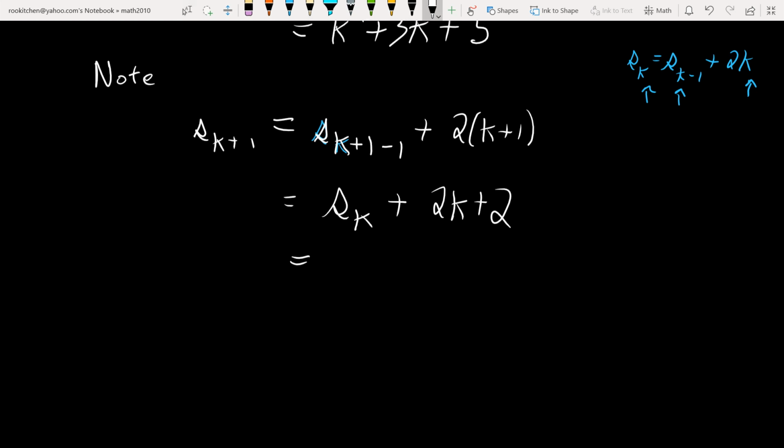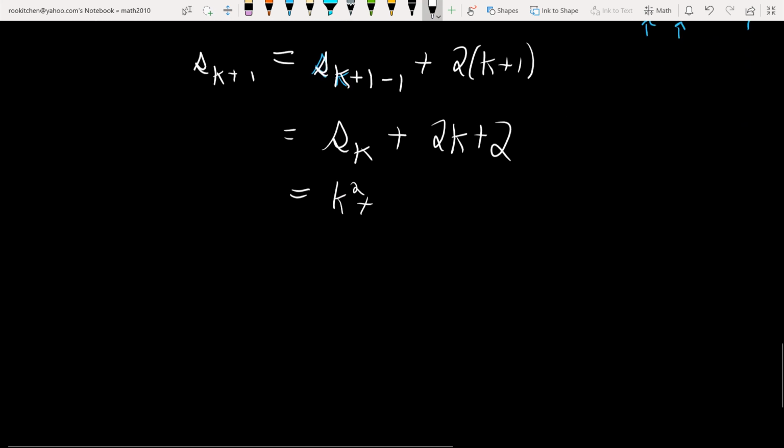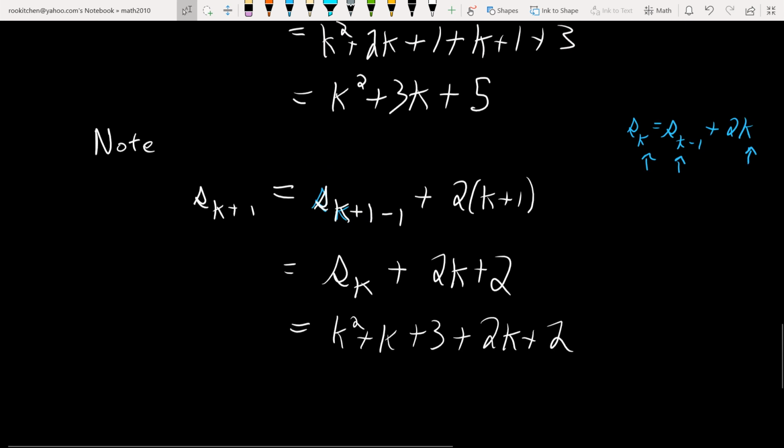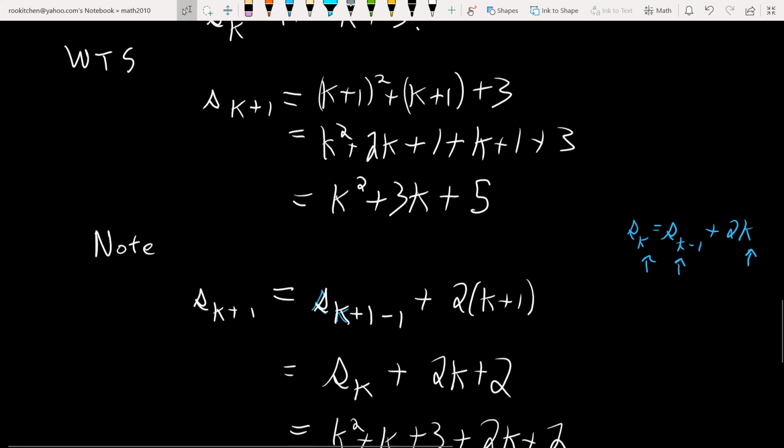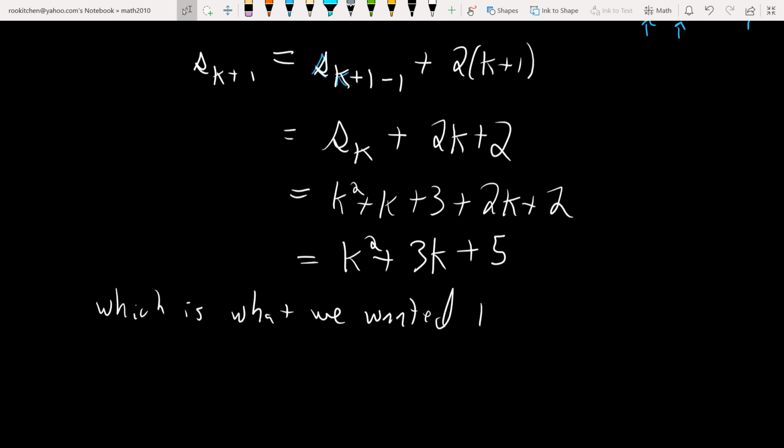Sorry, I hit the pen. So k squared plus k plus 3, and then plus the 2k plus 2, and that will equal k squared plus 3k plus 5, which, if you look above, is what we wanted to show.